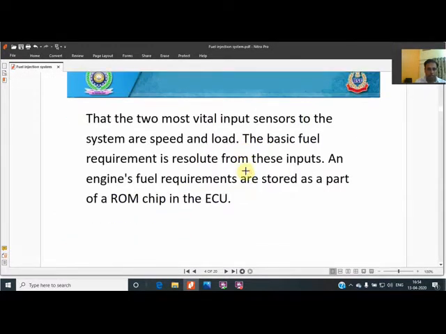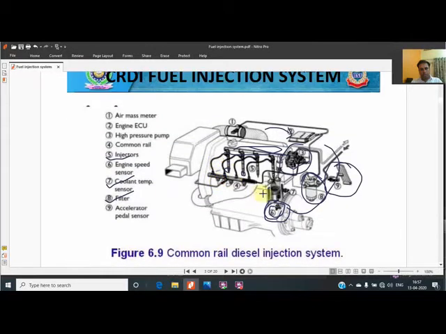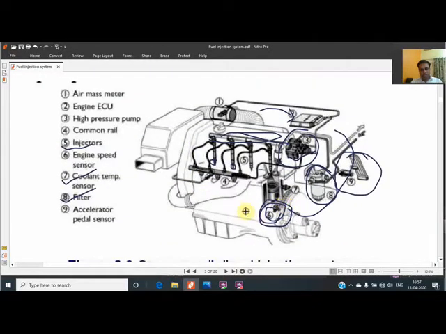Now we are starting with the need of the ECU system in the vehicle. There are two vital pieces of information required. One vital input is the engine speed, and the second is the load. Means by these two inputs, because they are using the engine speed sensor, which was shown to you over here, and the load also.